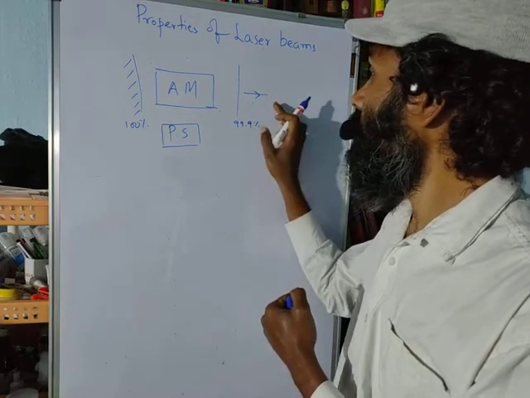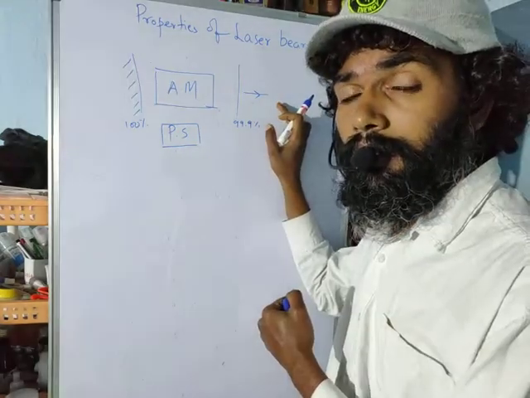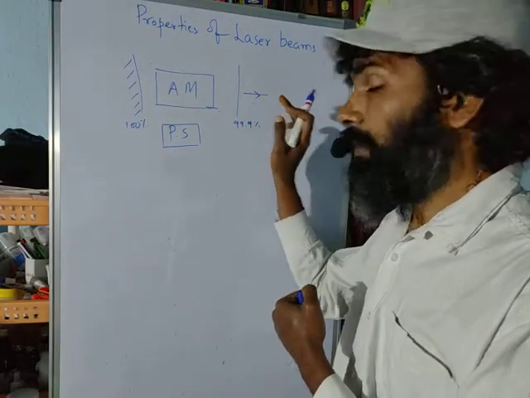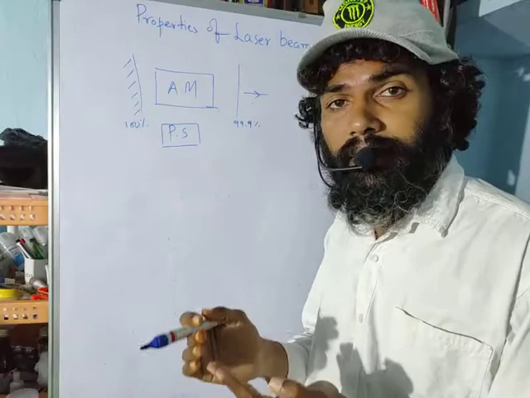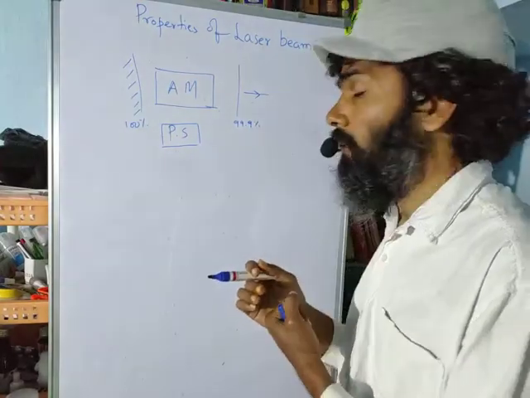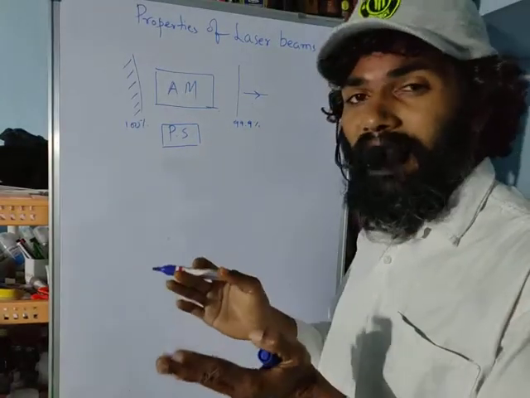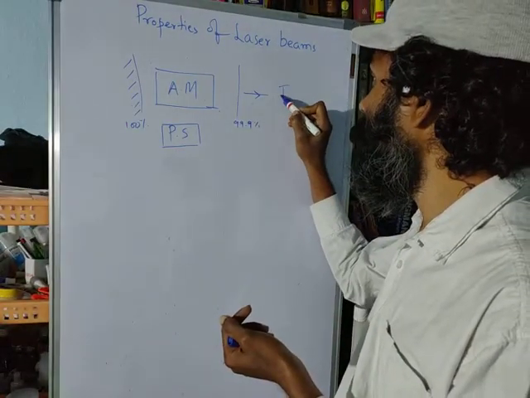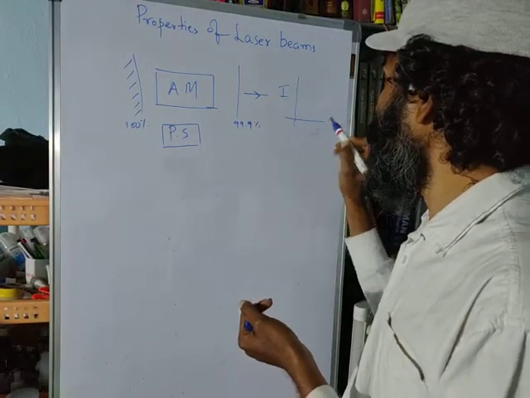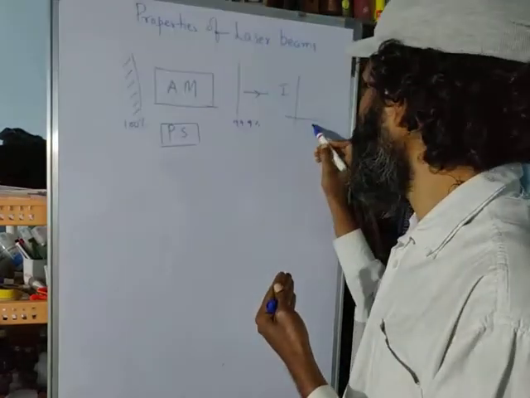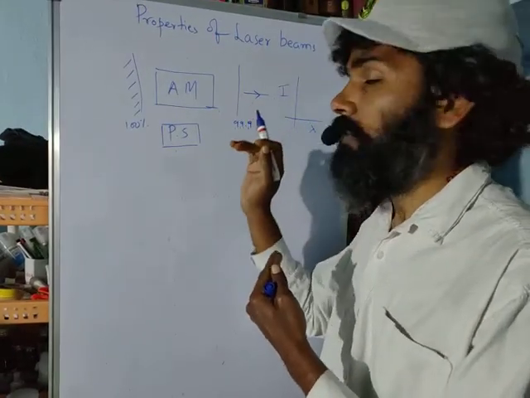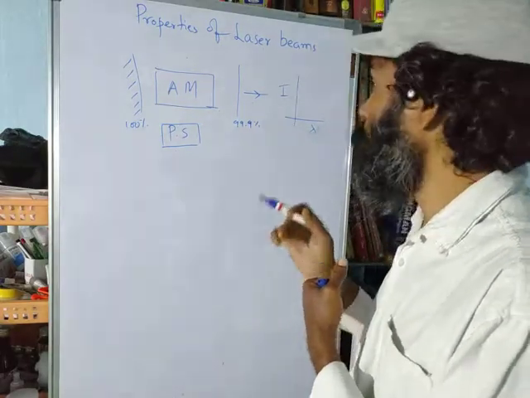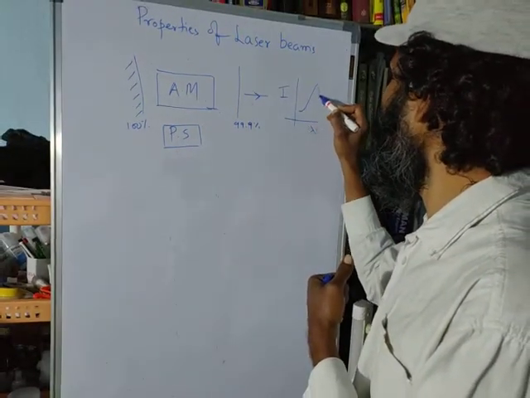If you observe the output of this laser beam with the help of something called a spectrum analyzer, then you will get a plot of intensity of the laser as a function of wavelength of the waves present inside the laser output, and that graph is usually narrow.